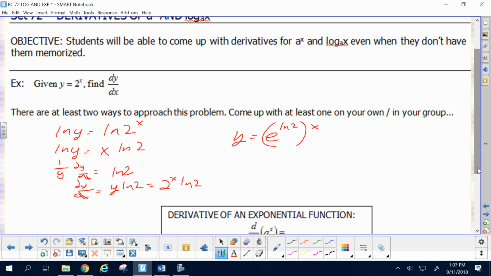That's the same as 2 to the x. Okay, so if you did the derivative on that, by chain rule, it's the same thing back times the derivative of the inside. The derivative of the inside is natural log of 2, that is 2 to the x natural log of 2. And so that is indeed a way to do it.